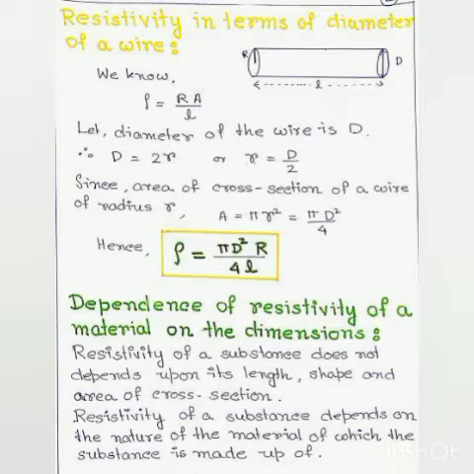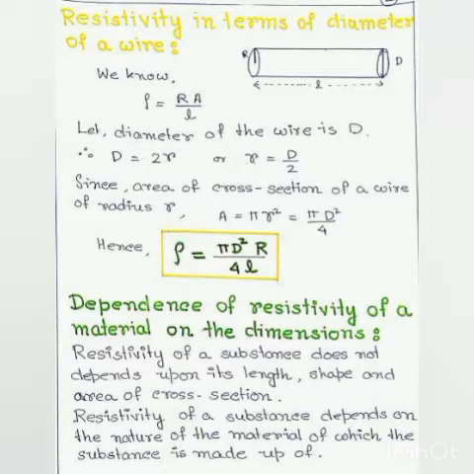Whatever be the area, length, volume, size of any substance, density does not depend on the size, shape or the volume of the substance. What is density actually? For any substance, if we consider only unit volume, the amount of mass within that unit volume is the density. As density we know is mass by volume. So actually density is the mass within unit volume.